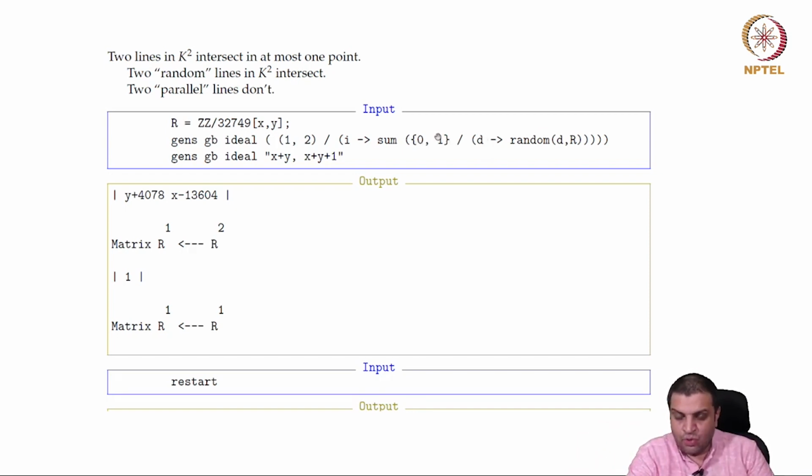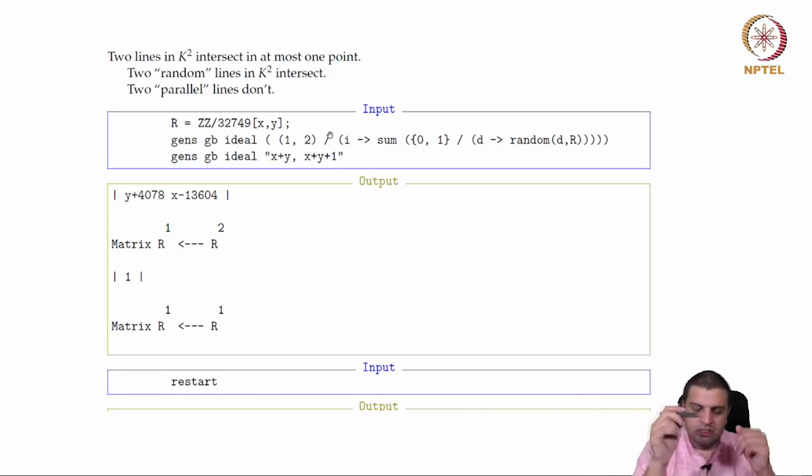So d is first 0 and then 1: a random element of degree d in R. So for each i, pick first a random element of degree 0 and then a random element of degree 1, and take the sum. So this is just an inhomogeneous polynomial of degree at most 1. Do this for i equals 1 and i equals 2, meaning to generate two inhomogeneous linear polynomials, linear polynomials with a constant term.